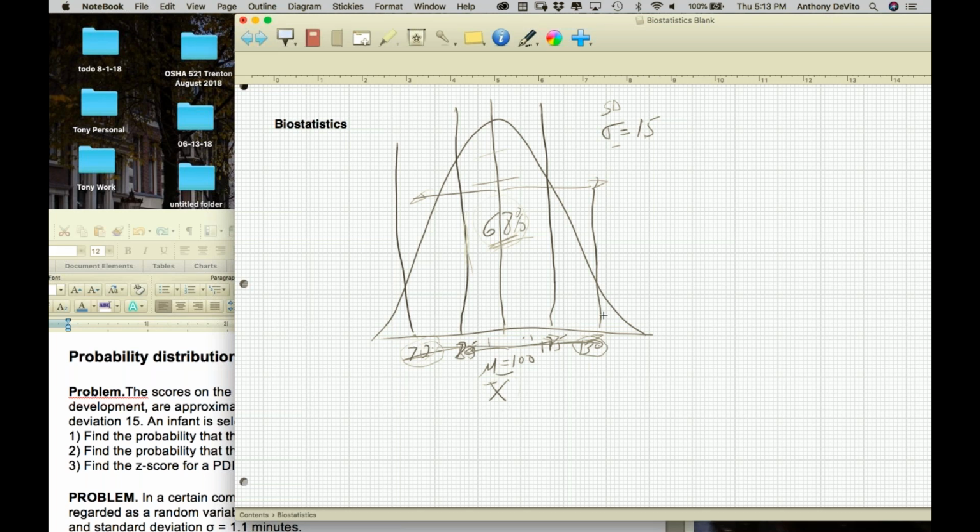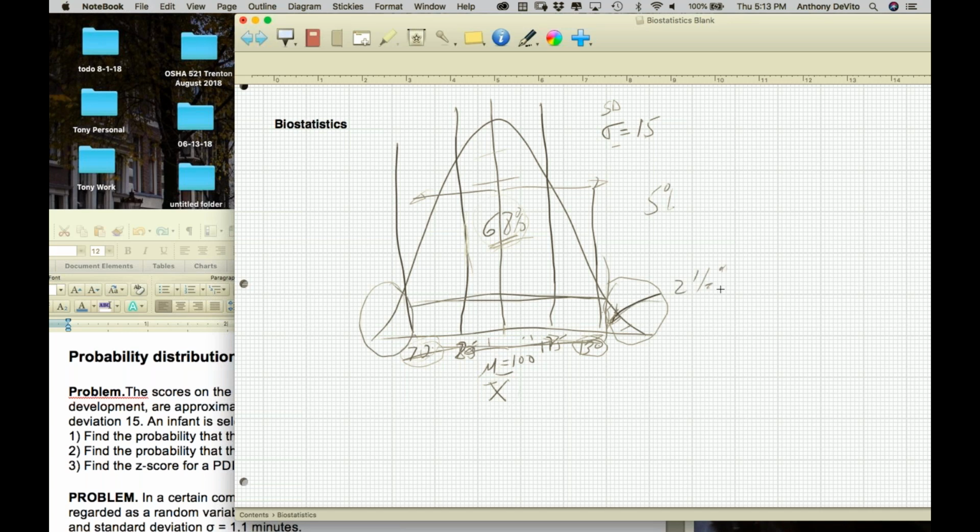Above 130 would be only what percentage do you think? If 95% is between here and here, and it's symmetrical, you're left with 5%, so this is going to be 2.5%, exactly.